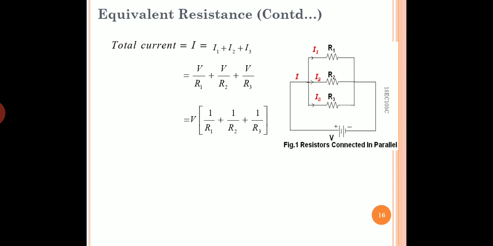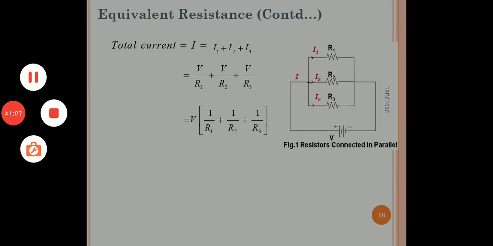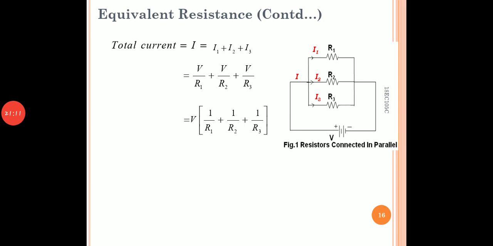Now by taking V as common, you will get 1 by R1 plus 1 by R2 plus 1 by R3, that is equal to the total current. If you transfer this V to the left side, it will be I by V equal to 1 by R1 plus 1 by R2 plus 1 by R3.